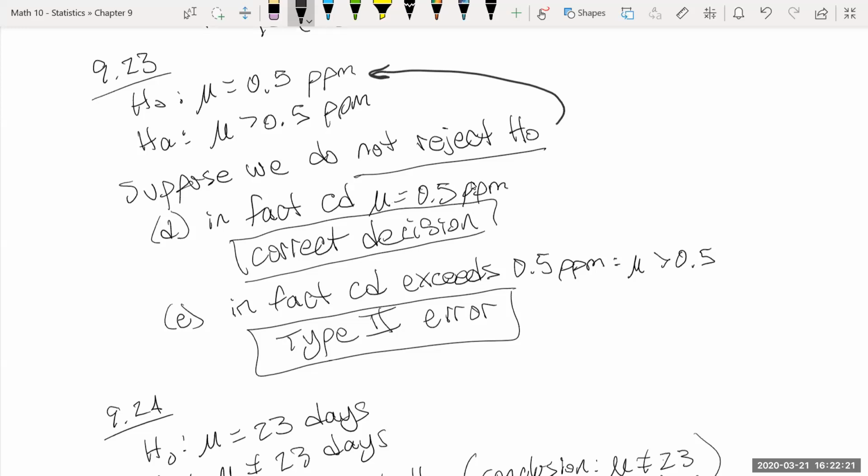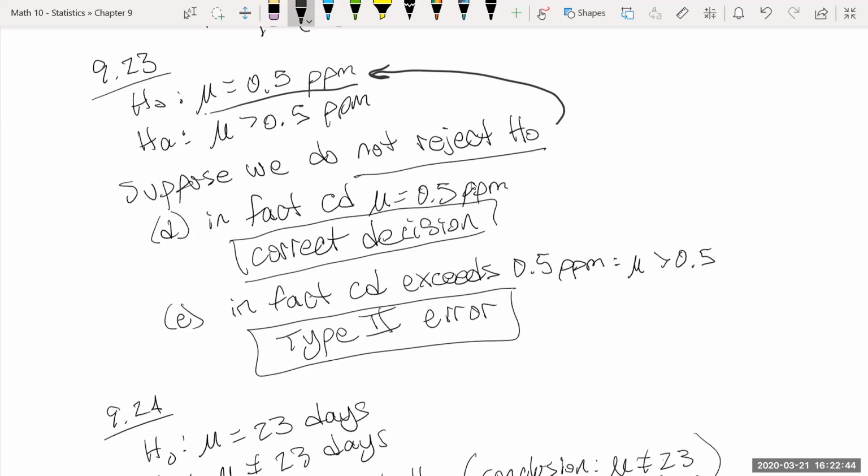You should say, oh yeah, it might be 0.5 parts per million. I don't have enough evidence to say that's not true. The second one says, what if in fact the cadmium level exceeds 0.5 parts per million? Well, if it exceeds 0.5 parts per million and we didn't reject the null hypothesis, again, we're saying that might be true.